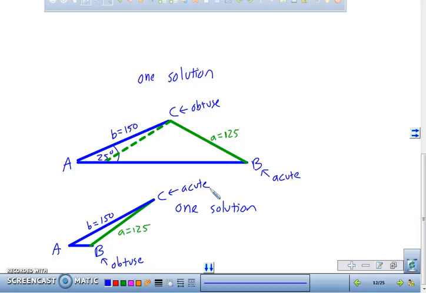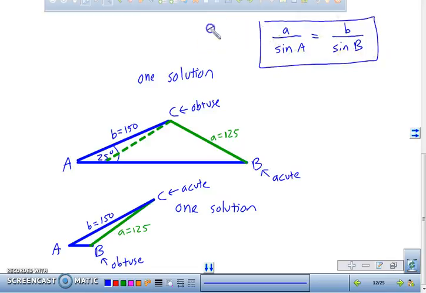So we need to know that when we solve for something using the law of sines, if I get an angle B that's greater than a certain amount, we've got to put it in one of two triangles. So here's what we're going to do. You're going to use the law of sines. Put A over the sine of A equals B over the sine of B. In your journal, we are going to solve for angle B. That's what we're solving for.